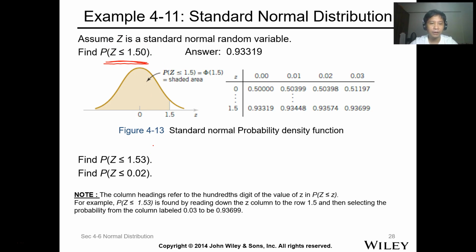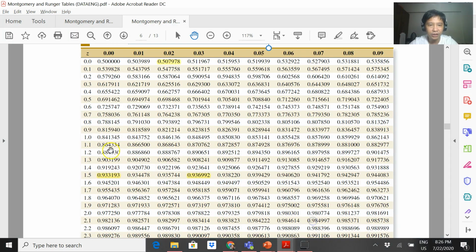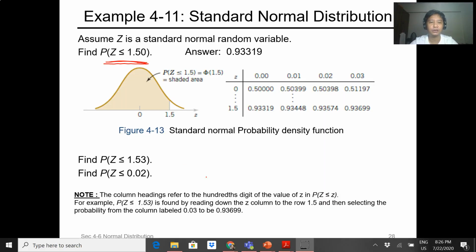Okay, now, paano naman yung 1.53? So, balik tayo dun sa table. So, 1.5, then 0.03. So, that's 1.53. So, ito siya, 0.93699.